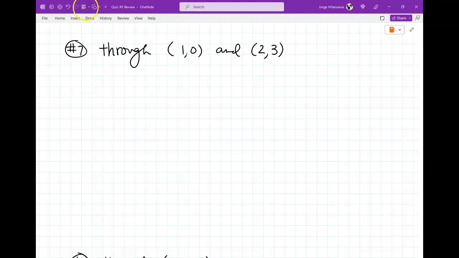So, here you go. Slope is y sub 2 minus y sub 1 over x sub 2 minus x sub 1. And I'm going to go ahead and label my points here. x1, y1, x2, y2.